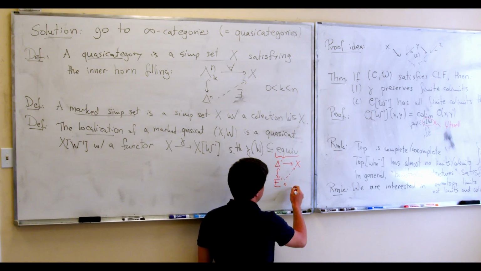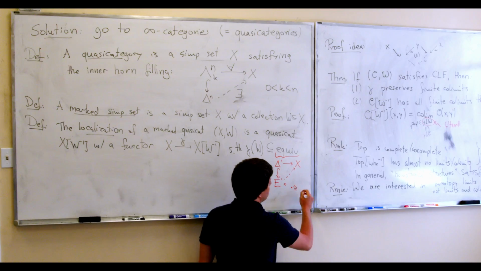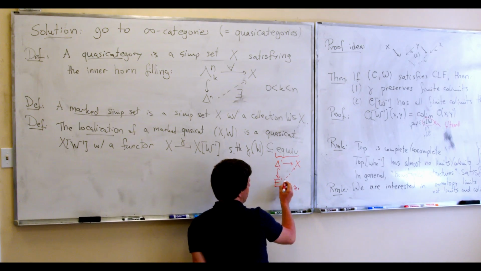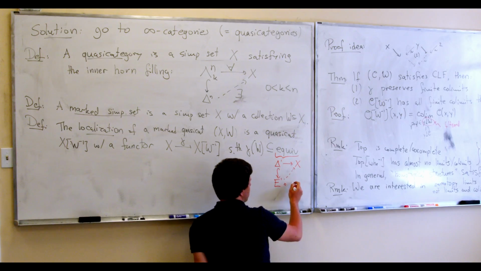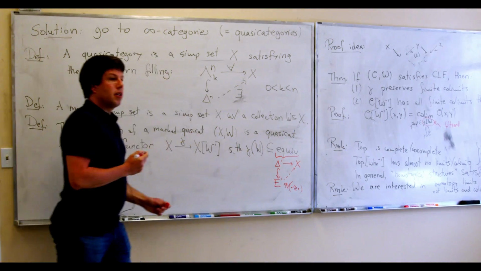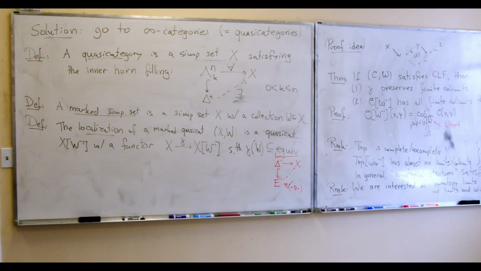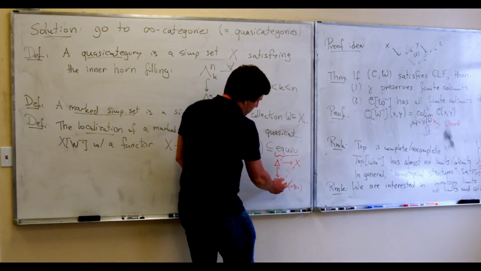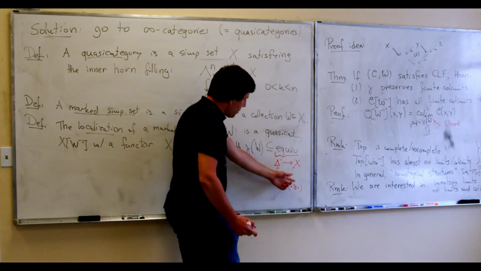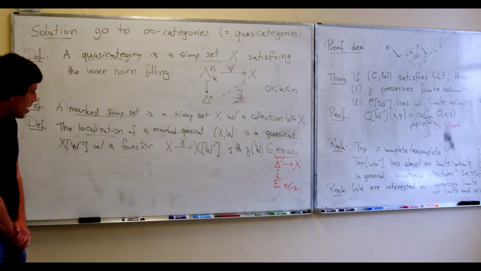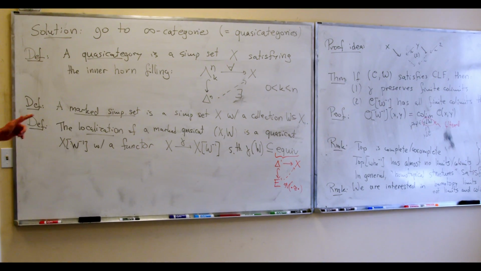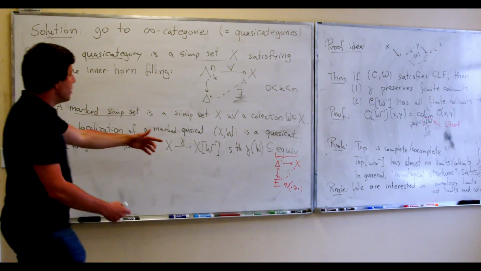So E1 here is the same E1 that I had before, but now I'm going to move the 1 from brackets to the exponent, and I'm going to take the nerve of this thing. So this is the simplicial set that I'm using. In other words, you are an equivalence if you factor through something that has an inverse, if that makes sense.